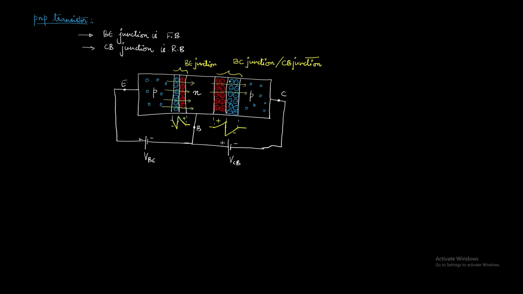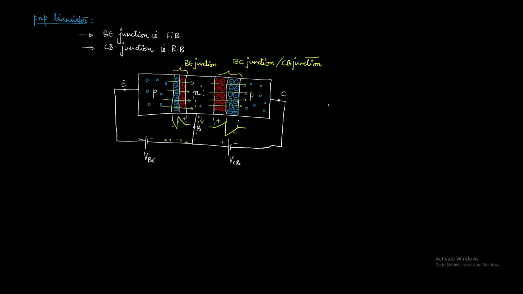In the lightly doped n type base, the holes will find few electrons to absorb and some of the holes will flow out via the base terminal, but most of them are drawn across the collector by the positive and negative electric field at the reverse biased collector base junction.